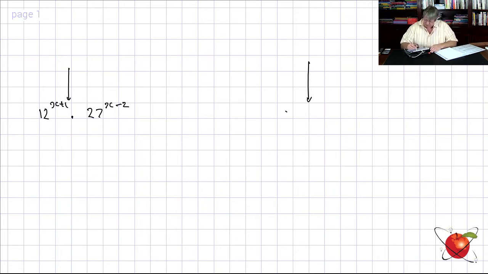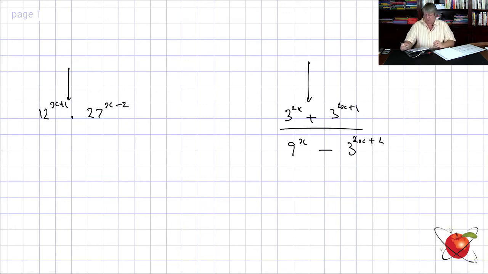The other side was 3 to the power of 2x plus 3 to the power of 2x plus 1 over 9 to the power of x minus 3 to the power of 2x plus 2. Okay, right. This one was also divided by 18 to the power of 2x minus 1.